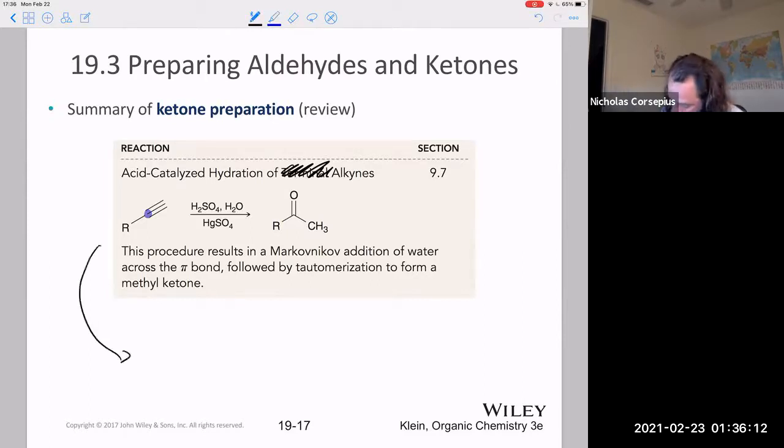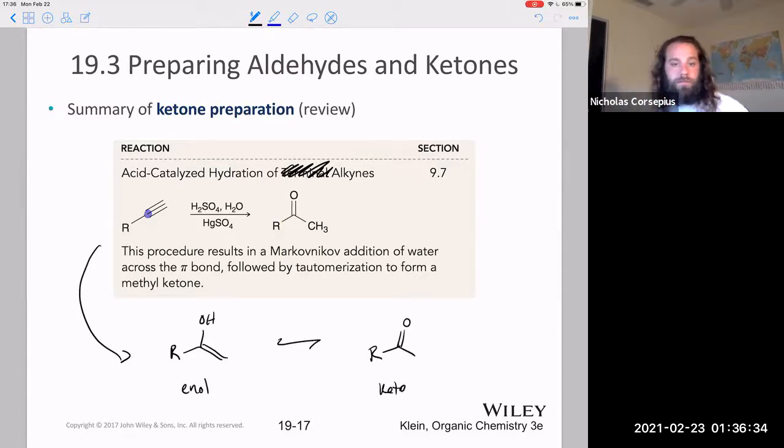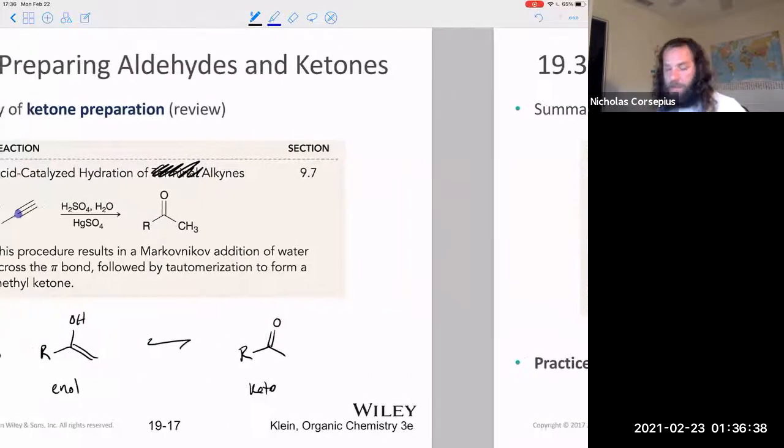So in this first step, what you would create is this compound right here, but this is again an enol. So it's going to tautomerize into a ketone. So this is again that keto-enol tautomerization. So that's another way that you can prepare a ketone.